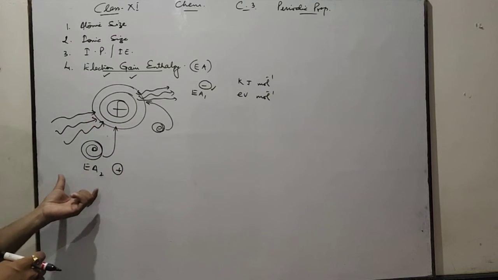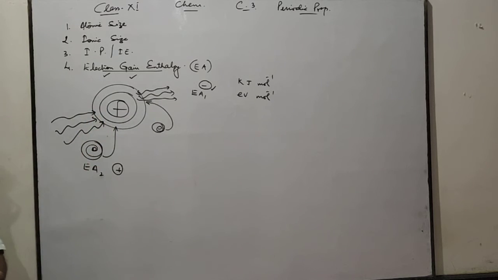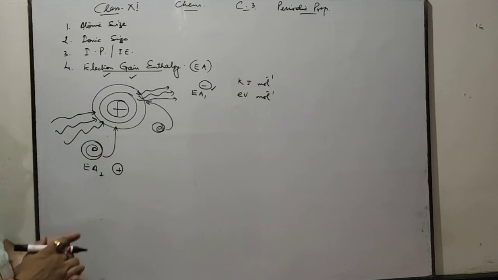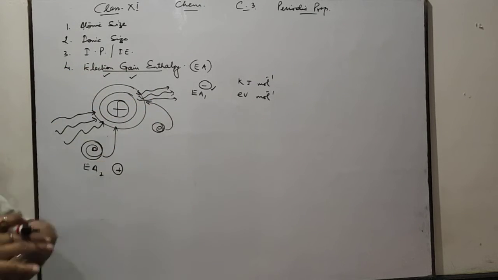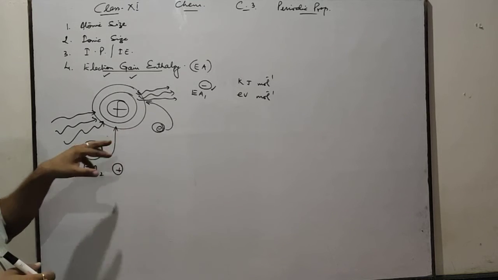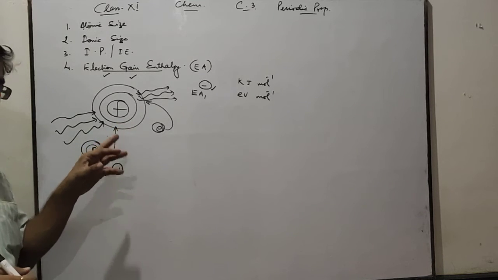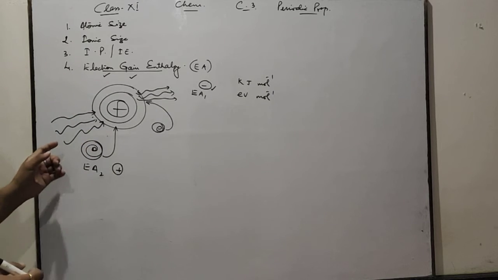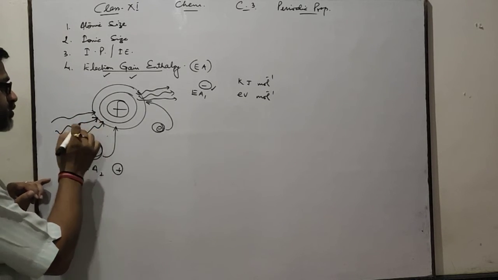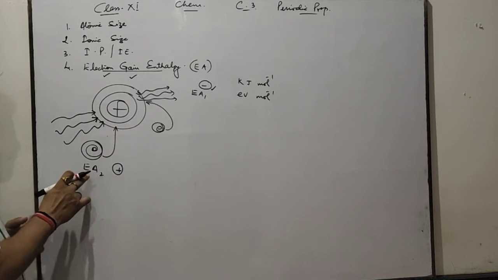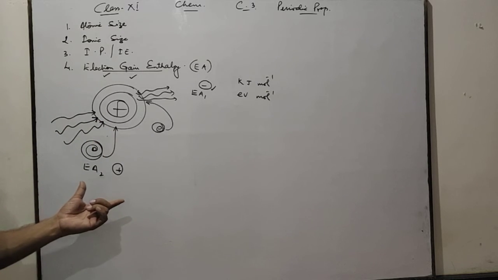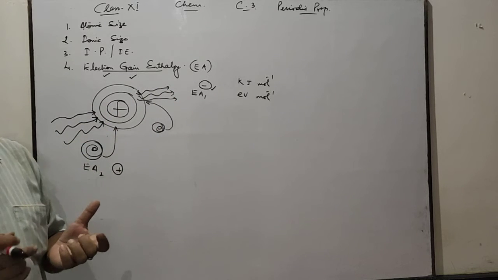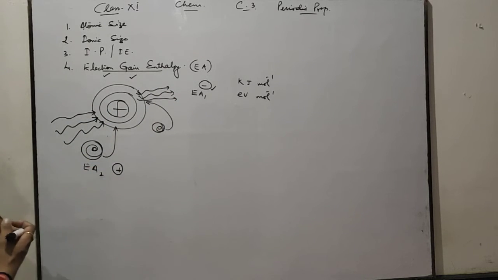When a second electron enters the outermost shell, the electrons present in that shell repel it. They oppose the entry of this electron. Hence, energy is required. This is a very important question: why is second electron affinity positive, whereas first electron affinity is negative? This is the reason.